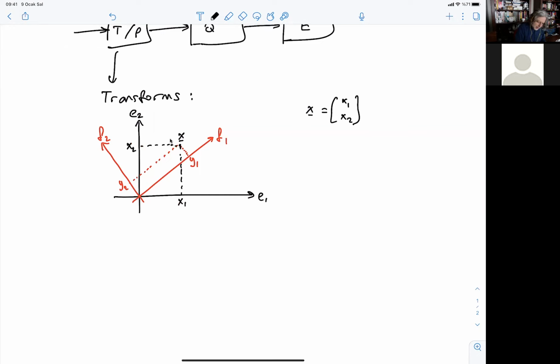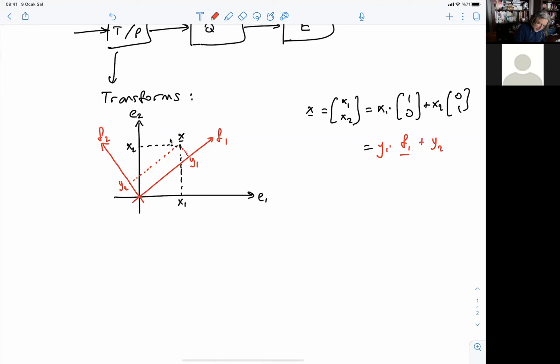Whereas previously, on the axis of E1, E2, it was x1 and x2. So x was essentially x1 times 1, 0, which was one of the basis signals, plus x2 times 0, 1. And the same x can be achieved as, let me write it in red, y1 times a new basis f1 plus y2 times f2, right?